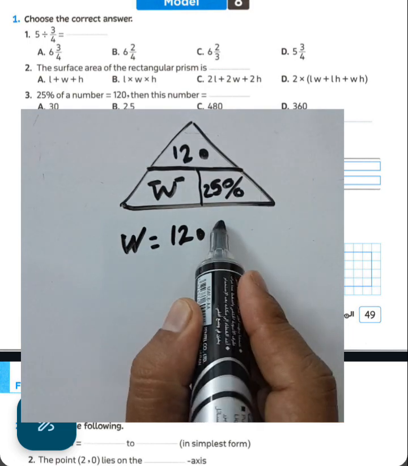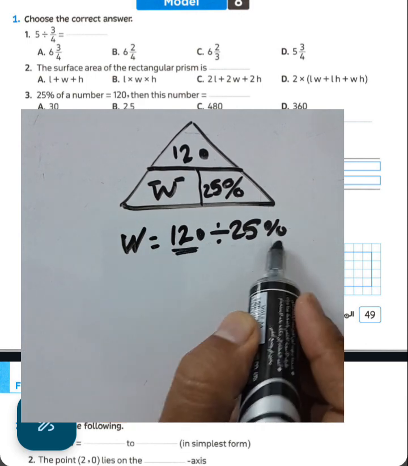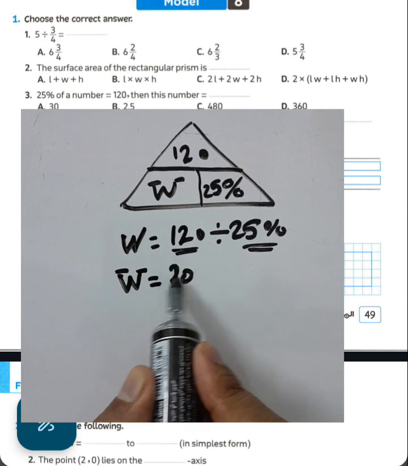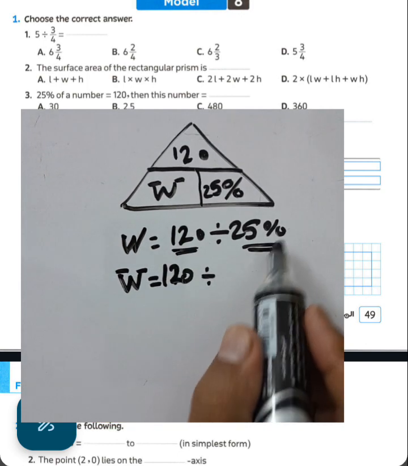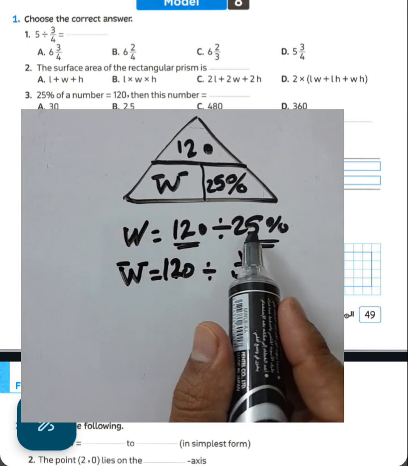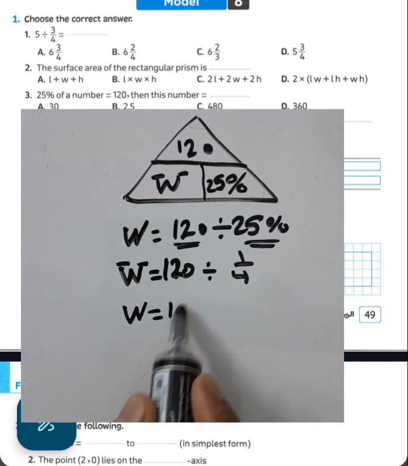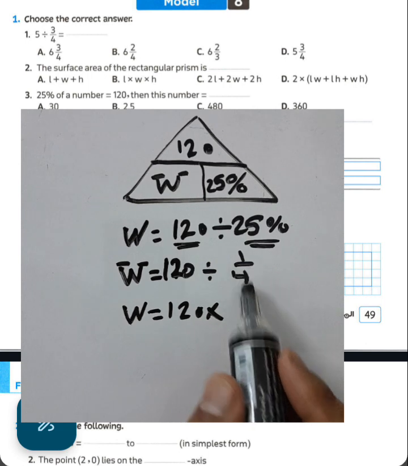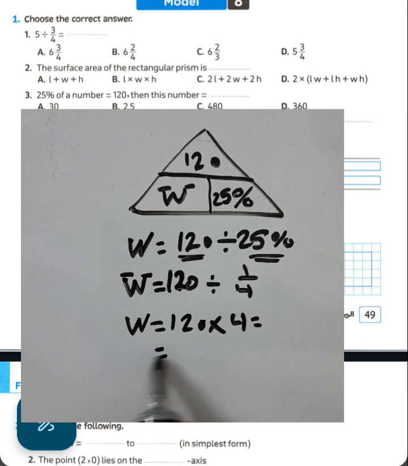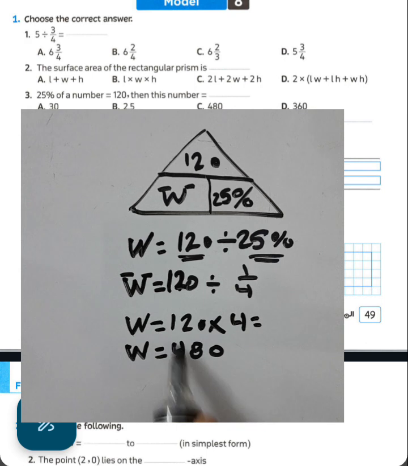To find the whole number, write 120 divided by 25%. Write the part divided by the percent. 25% means 25 over 100, which means 1 over 4. Then the whole number will be 120 multiplied by the reciprocal of 1 over 4, which is 4. 0 times 4 equals 0, 2 times 4 equals 8, 1 times 4 equals 4.